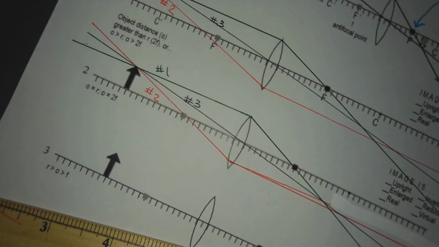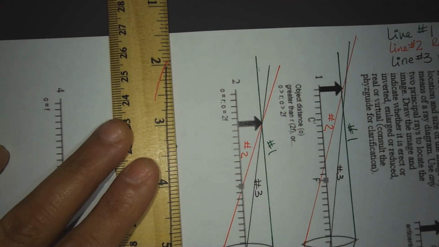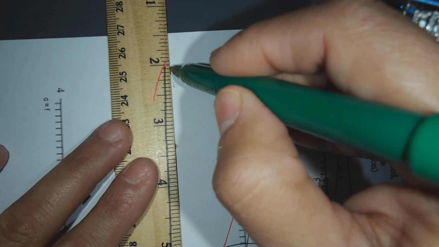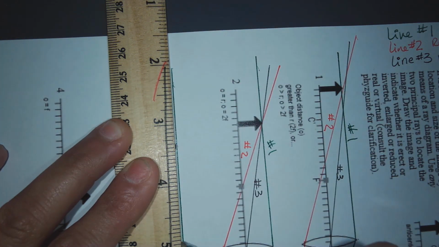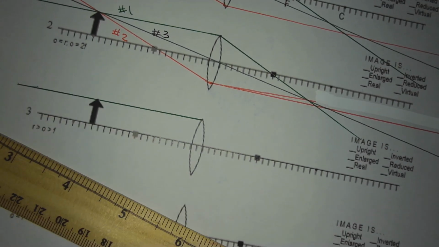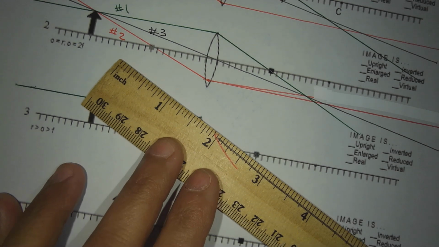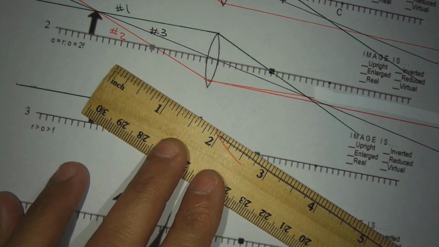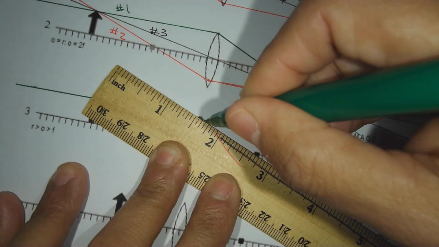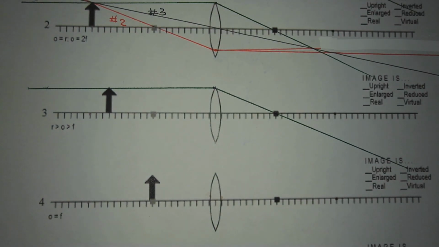I'm going to connect my ruler to the top of it, and I'm going to stop my green line when I hit the middle of this lens. And the reason for that is because at the middle is where the refraction occurs. So I'm going to refract and say, bend from the middle of my lens through my focal point. That's pretty good. That's some nice drawing.